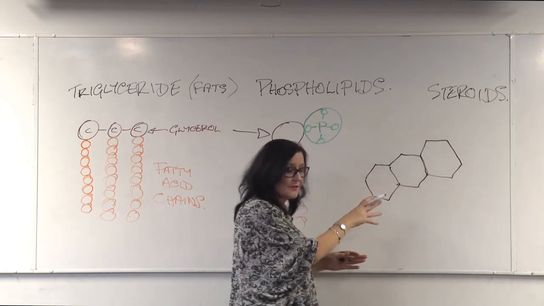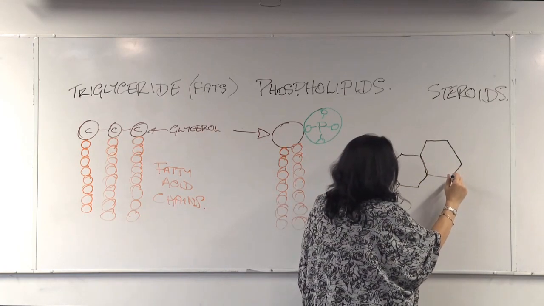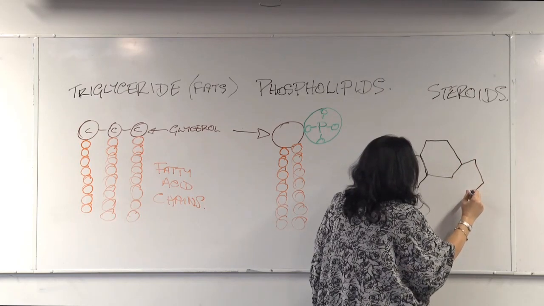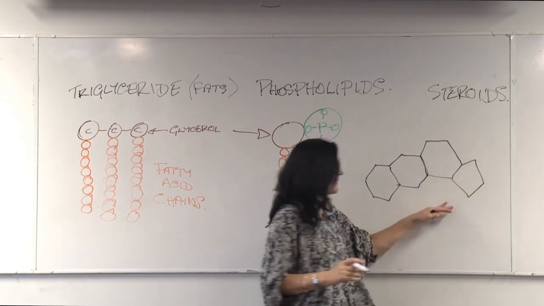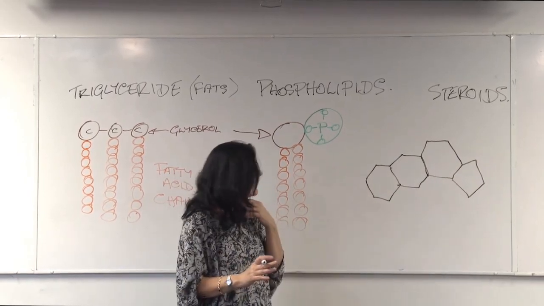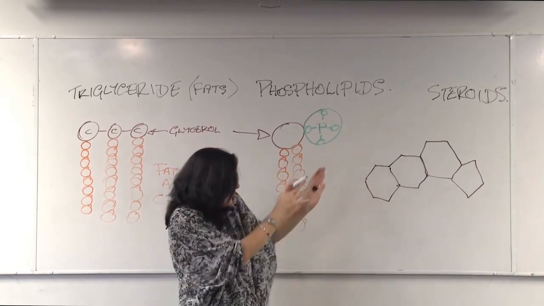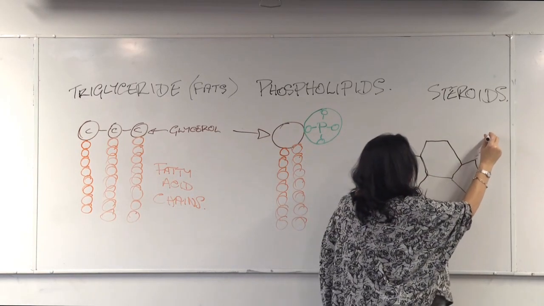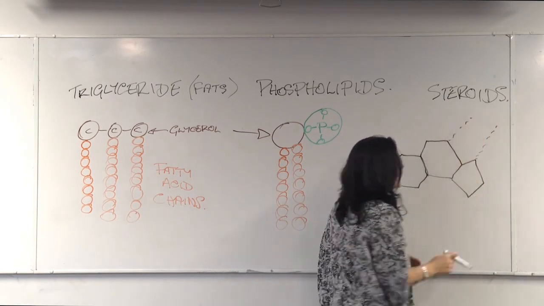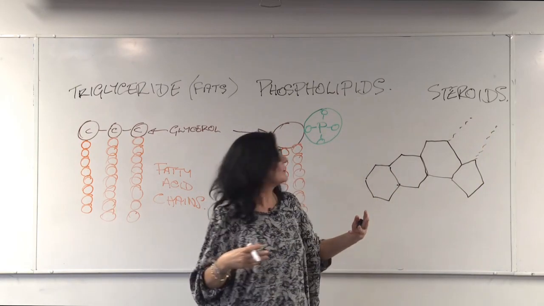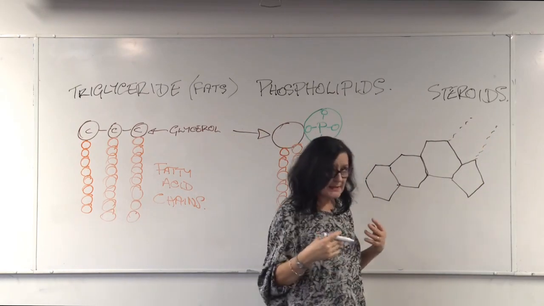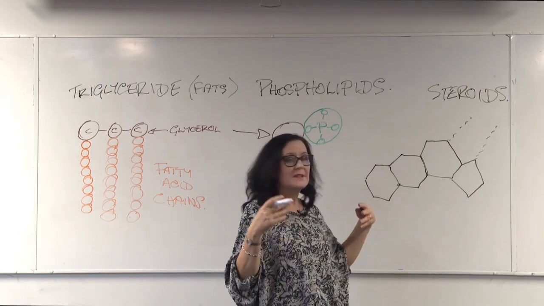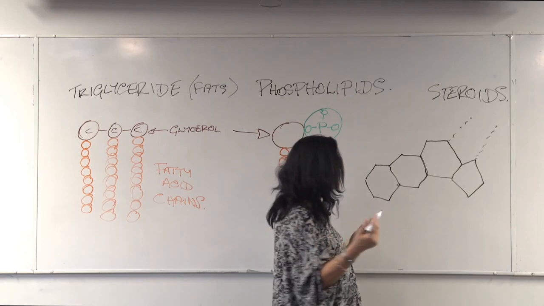So that's our 3, and then we actually have a little other one there, and this is more of a pentagon, excuse the drawing. That's the basic structure. Then we have various bits sticking out, and these bits sticking out have other molecules attached to them which determine the type of steroid it is.